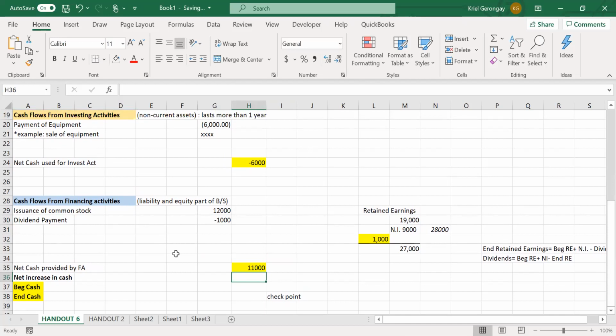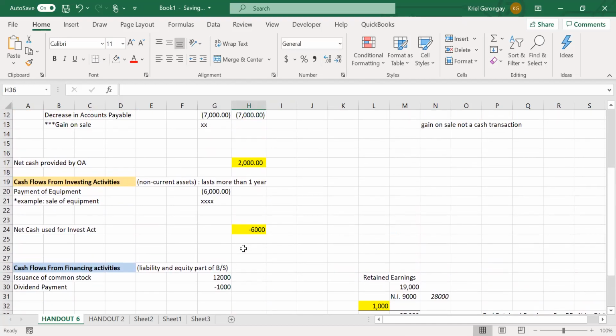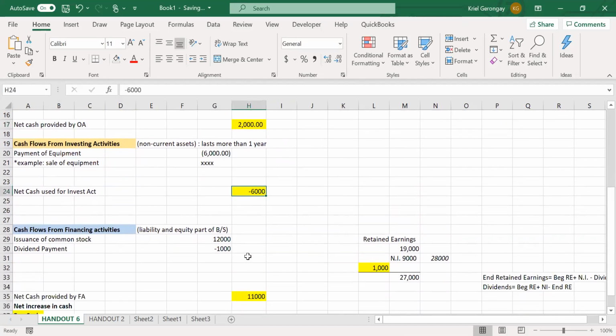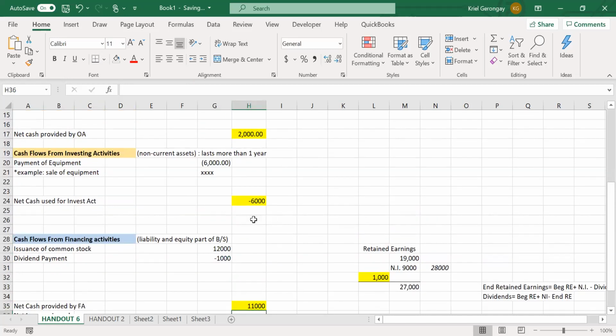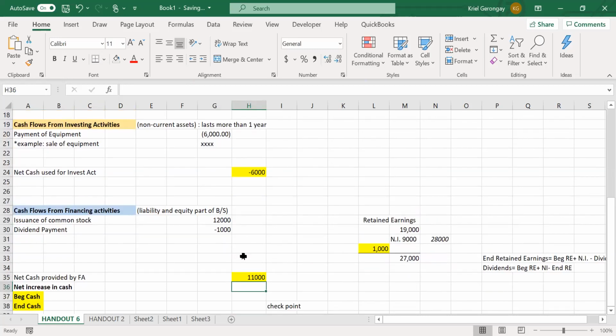To get the net increase in cash, we get the sum of net cash provided by operating, investing, and financing activities. If you total these three numbers, you'll get 7,000.